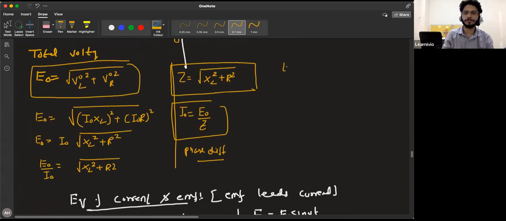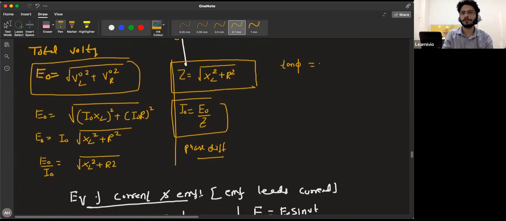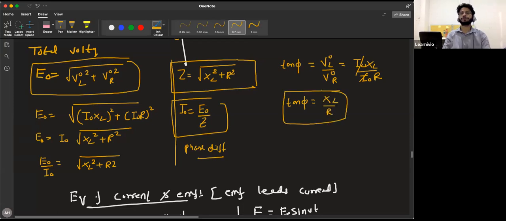It's perpendicular upon base, so it's V naught L by V naught R. What is V naught L? It's I naught XL. What is V naught R? This is I naught R. So I naught will cancel, and you will get that tan phi is XL divided by R. So this is the phase difference.